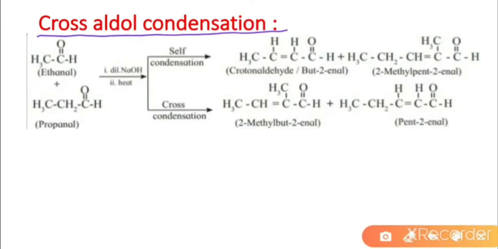Cross aldol condensation reaction. Consider an example of acetaldehyde and propionaldehyde.